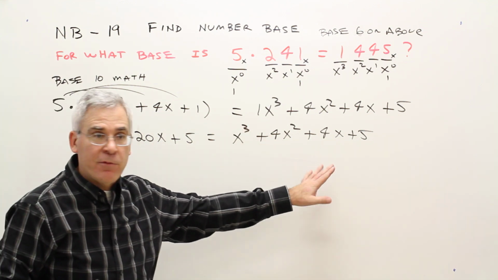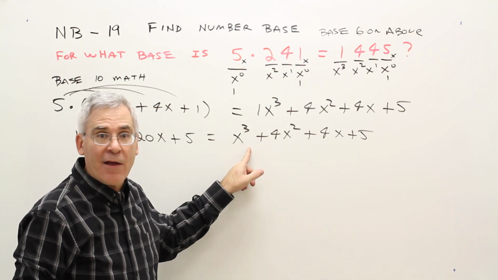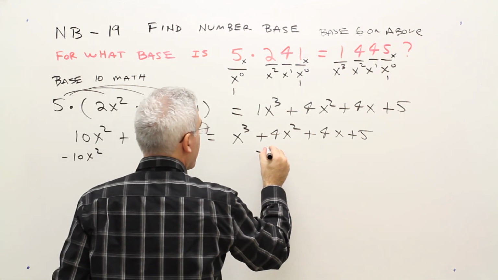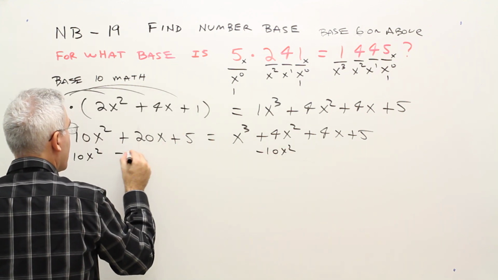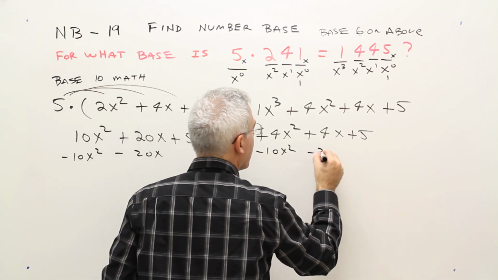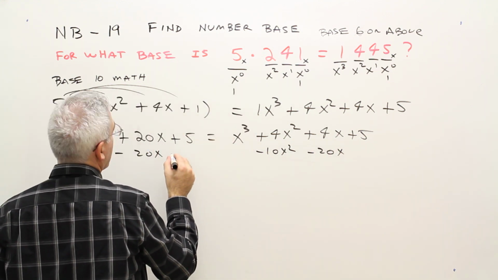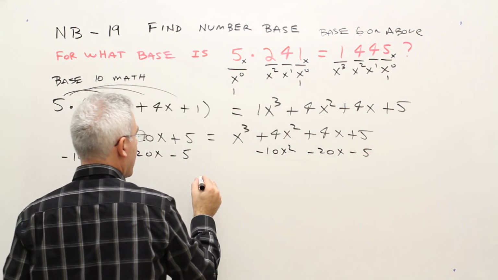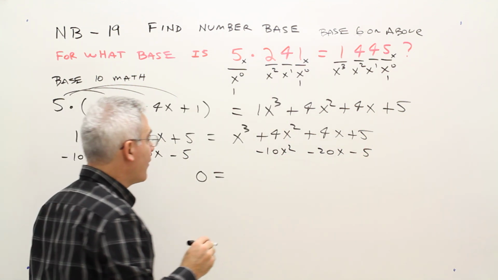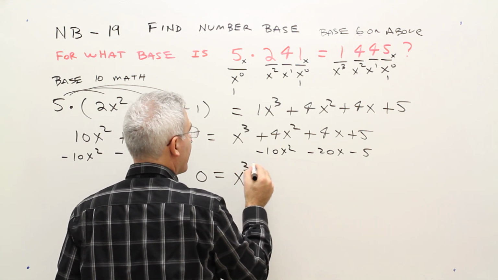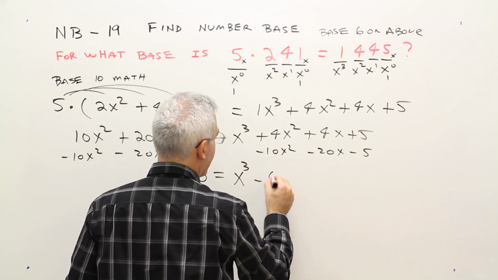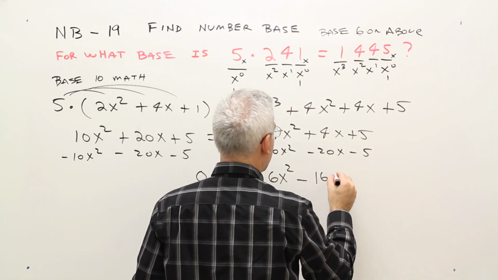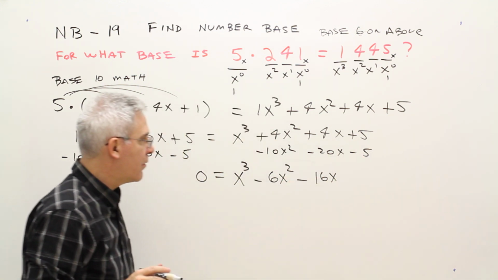I'll collect all the terms to this side. I want to have a lead coefficient that's positive for x cubed. So minus 10x squared, minus 20x, minus 5 on both sides. So somehow, some way, I'll get 0 equals x cubed minus 6x squared minus 16x.